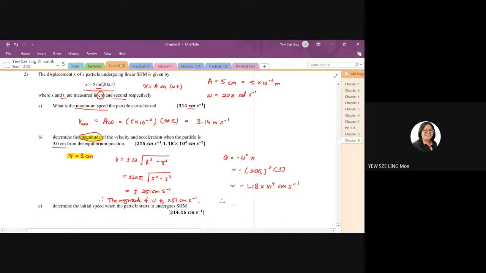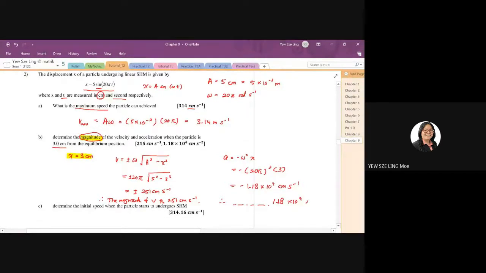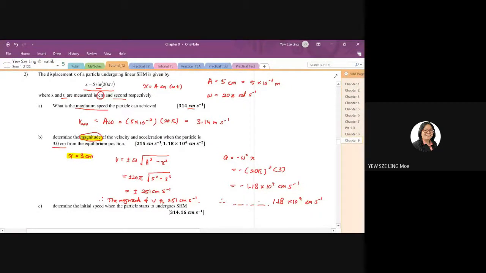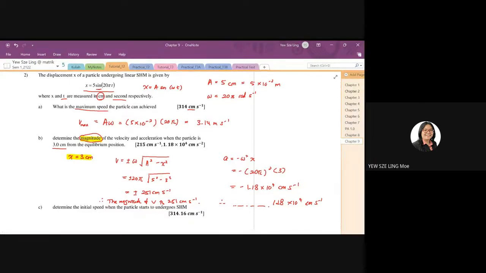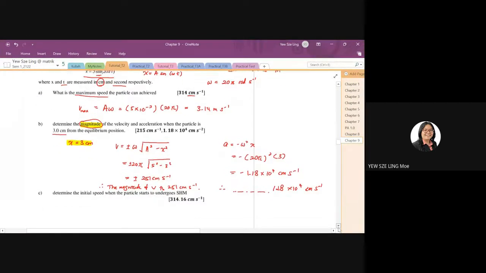Remember to write one more sentence for the magnitude and change the answer into a positive value. So the final answer is 1.18 times 10 to the power 4 cm s^-2. Rewrite it in a statement form and ignore the negative sign. So that is the answer for question B.